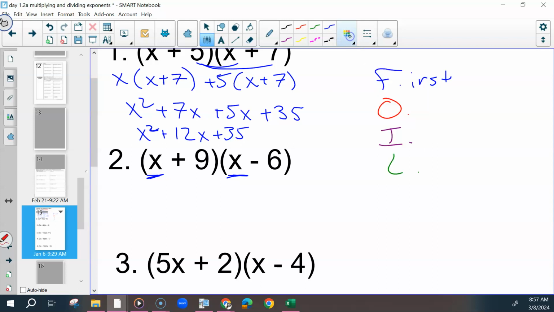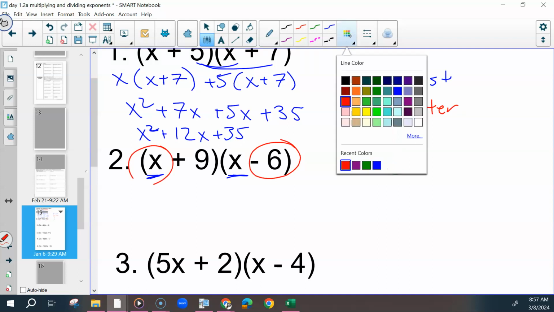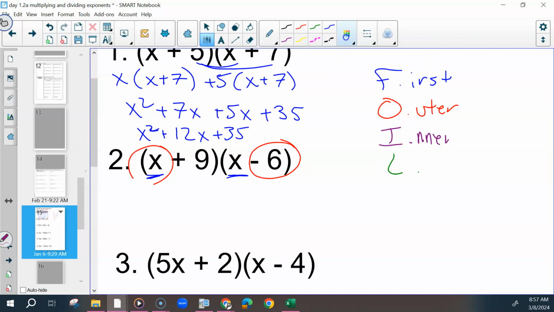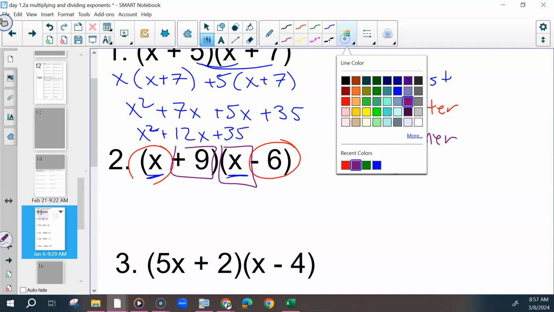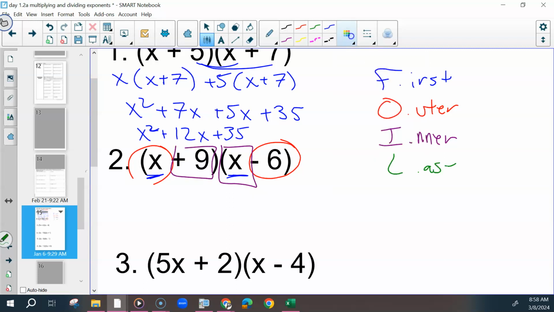Outer, so that's the outside terms in both. The inside terms, or the inner, so that's your inside terms in both sets of parentheses. And then last, which are the last numbers in both sets of parentheses. So we're going to do this using the mnemonic, writing out each piece, but once you get the hang of this, you won't need to do all of that.